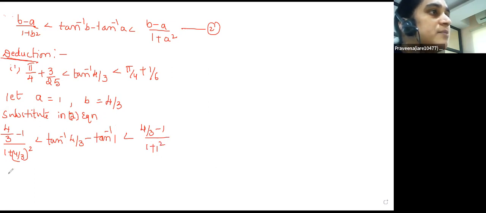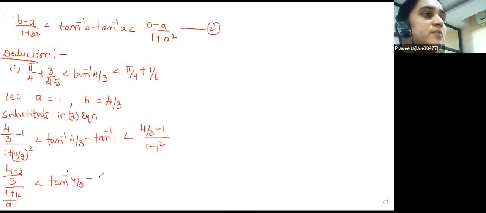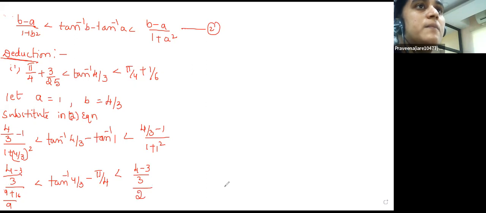Okay, from that take the LCM of the numerator, that is 4 minus 3 by 3. 4 by 3 whole square means 16 by 9, so for that LCM here is 9, then 9 plus 16 by 9 less than tan inverse 4 by 3. When we got tan inverse 1, what is the angle of tan inverse 1? Pi by 4. Tan inverse 1 angle is pi by 4, less than 4 minus 3 by 3 by 2. Okay.